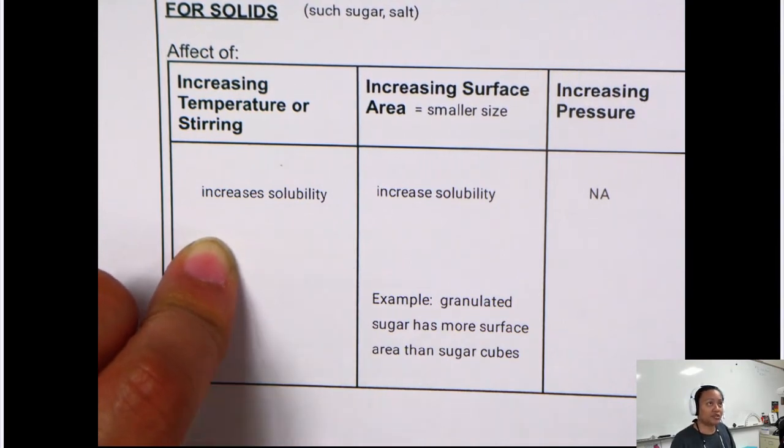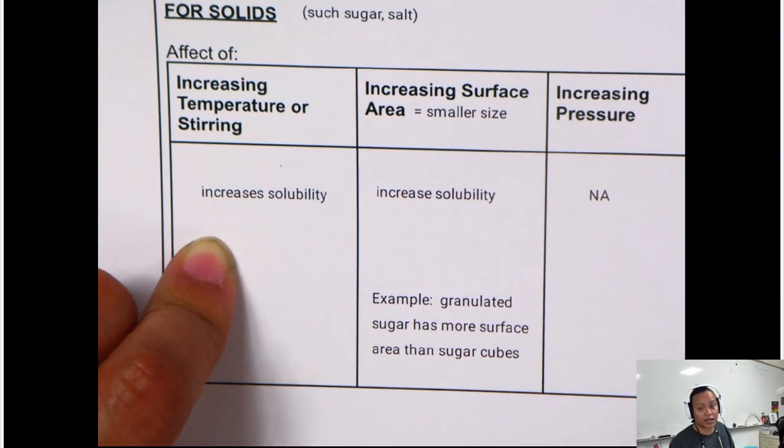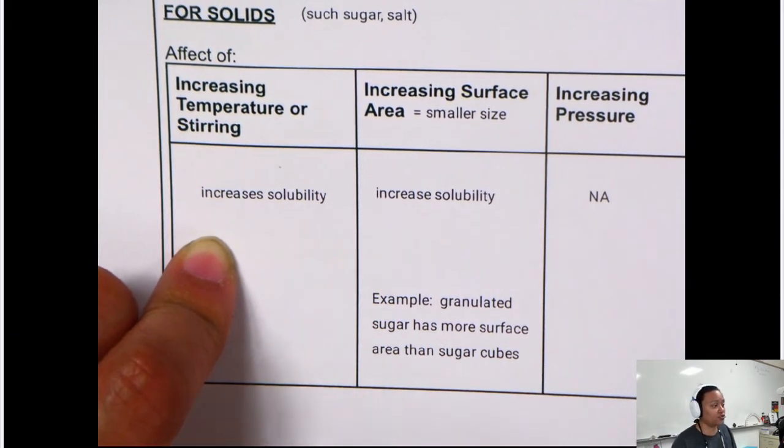So what happens is, like salt, if I put salt in cold water, I can put a little salt, but eventually you'll start to see some of the salt just settling on the bottom, all right? So it stays in the solid form. But if you heat it up, more of that salt will dissolve in the water. So you've increased the solubility by increasing the temperature.